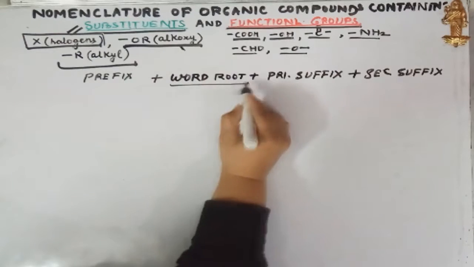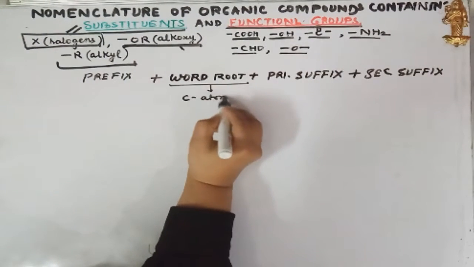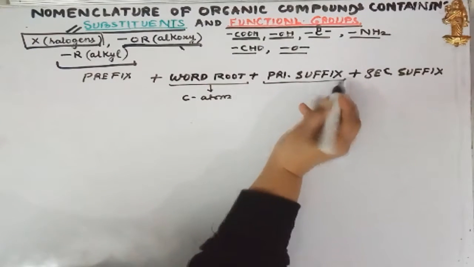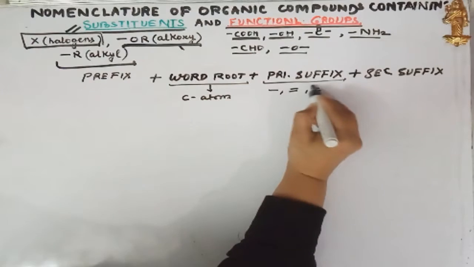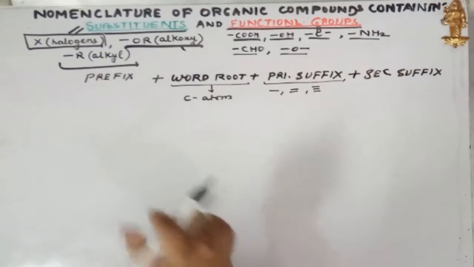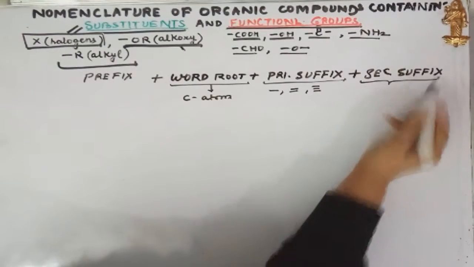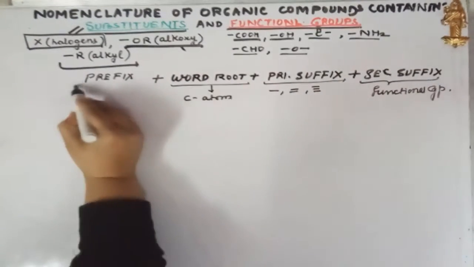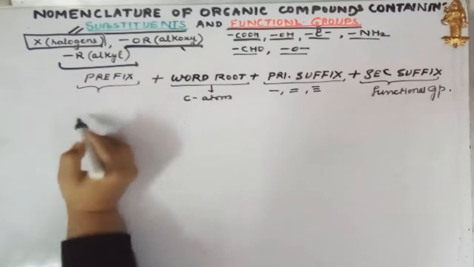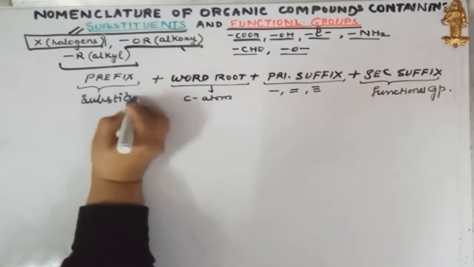This word root, we already know, will indicate the carbon atoms present in the compound. This primary suffix, we already know, will indicate whether the compound has a double bond or triple bond, or a single bond. This secondary suffix will tell you about the functional group. On the other hand, this prefix will tell you about the substituents present in the compound.